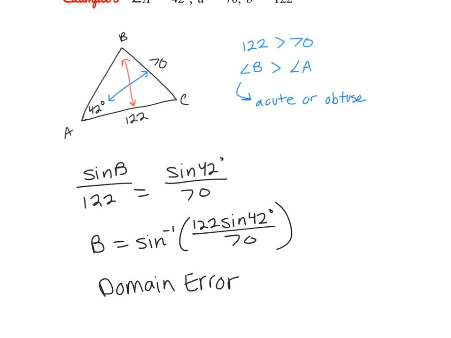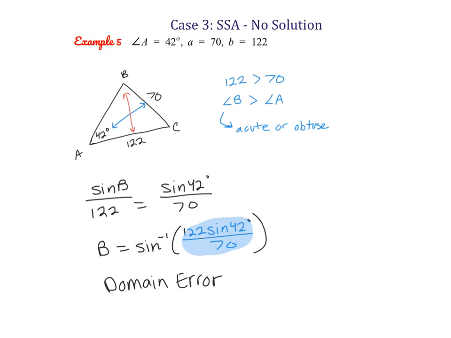The reason for that is that this value is slightly larger than 1, and it turns out that the domain of arcsine is also restricted. It's between -1 and +1, so this is something that is not possible. So if you ever see domain error, that means that this triangle actually has no solution, and then we're done with this problem.